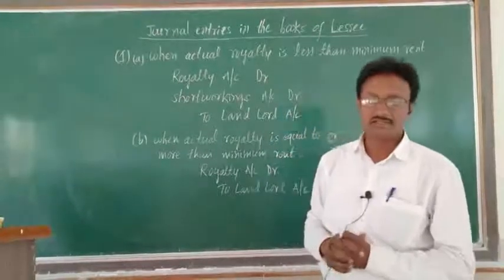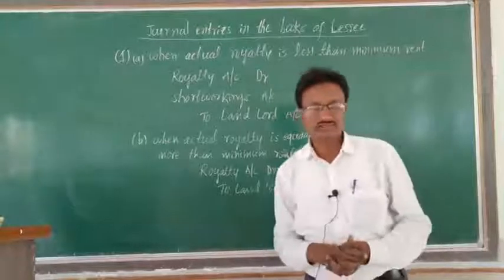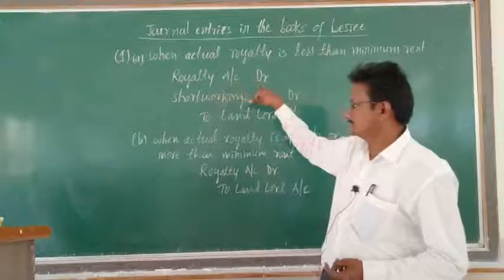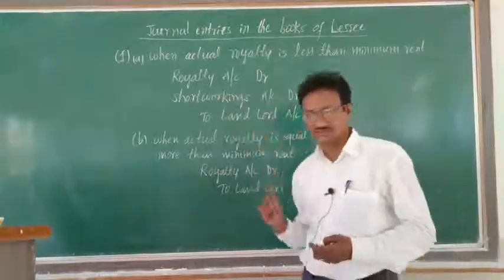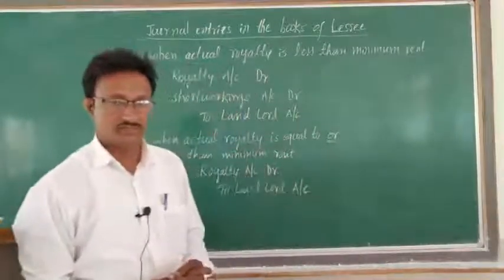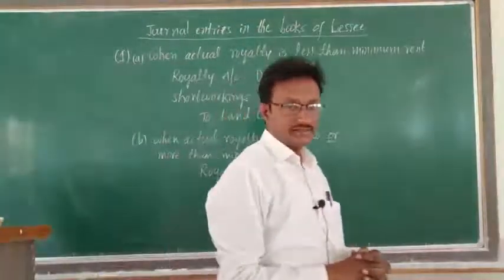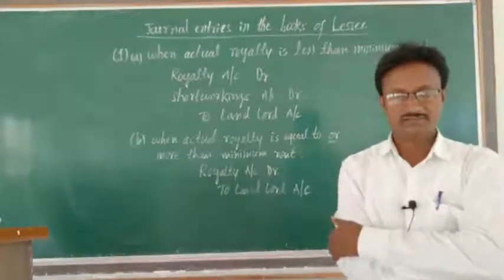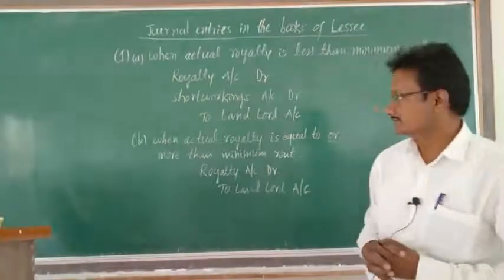When actual royalty is less than minimum rent, the entry is: royalty account debit, short workings account debit, to landlord account. Here the landlord account is credited because the amount is payable to him, and royalty account is a nominal account because it is a payment, so it is an expense and it is debited.